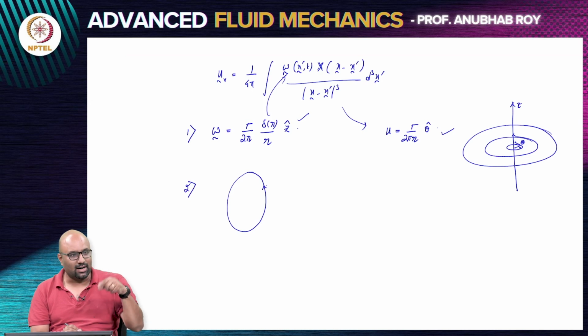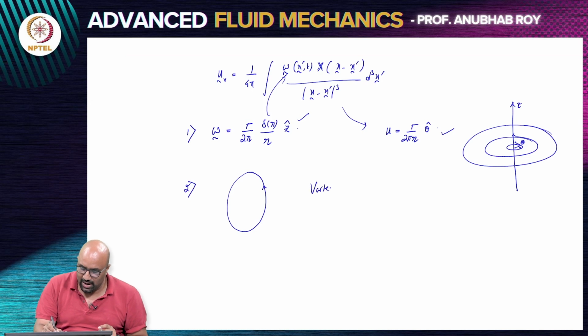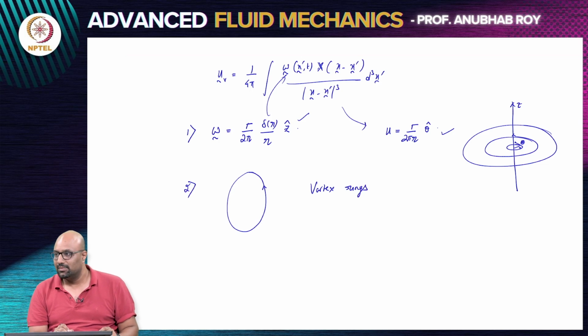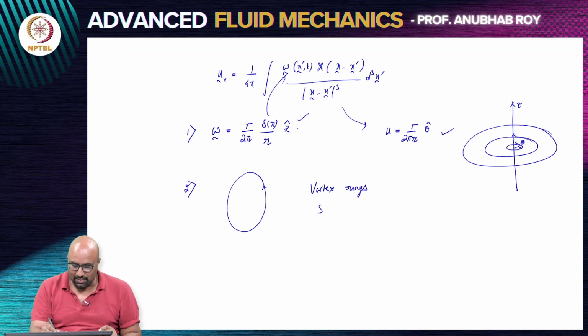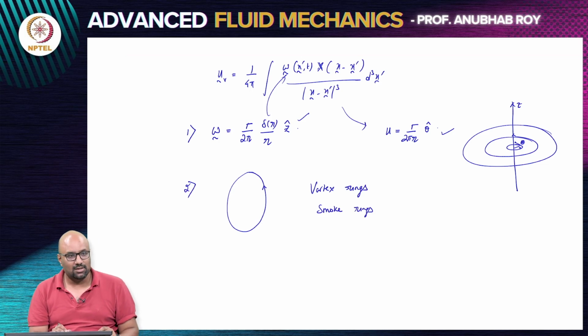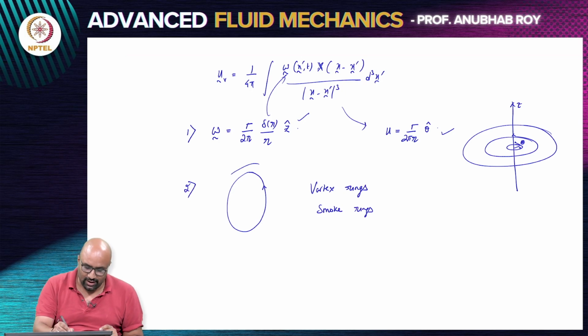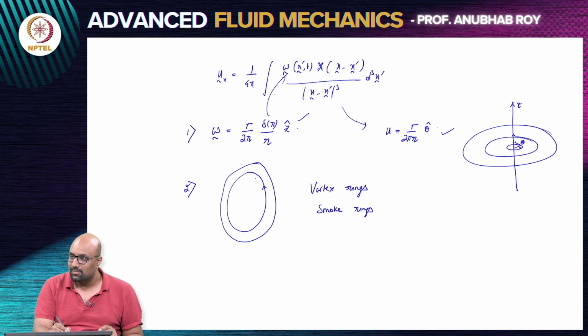Having a circuit or a closed loop of vorticity is what appears quite frequently. It's actually probably easier to see than a vortex line. These are vortex rings, or in some cases when they are visualized using smoke, they will be called smoke rings. So, a smoke ring or a vortex ring that you will see, or in some cases they are vortex bubbles or toroidal bubbles, where you would have a finite thickness. So, it has a certain thickness and is shaped like a torus.